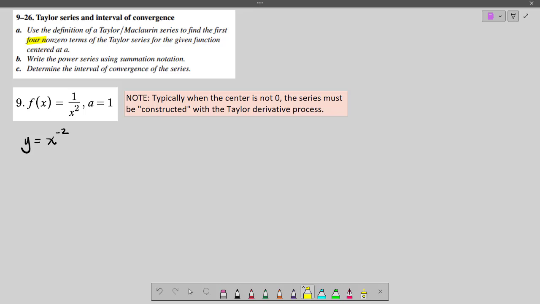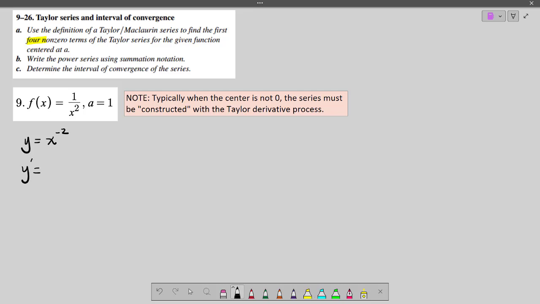So if you have a power series, it has to have very nice coefficients if you're going to be able to collapse it into a summation form. If there's not a pattern with the coefficients, you're not going to be able to write it as a summation. It's just going to be this long expanded polynomial, and you go out as far as you're told. So let's go ahead and take our derivatives.